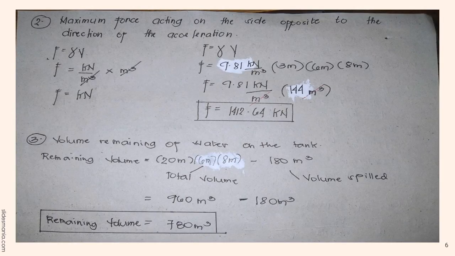Next is solving for the maximum force acting on the side opposite to the direction of the acceleration. Force F is equal to the specific weight times the volume, which is kilonewton per cubic meter times cubic meter of volume. Cancel cubic meter, and we will have our force in kilonewtons.